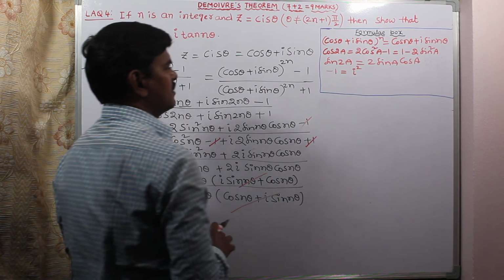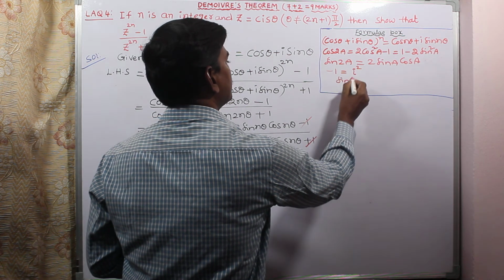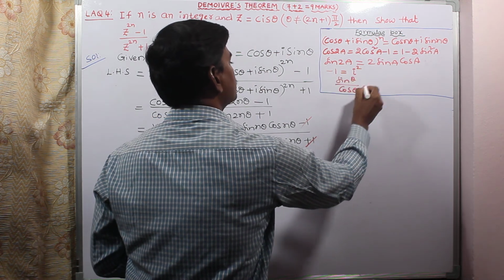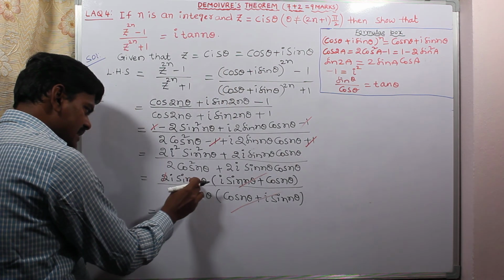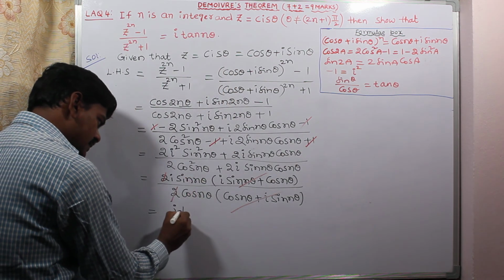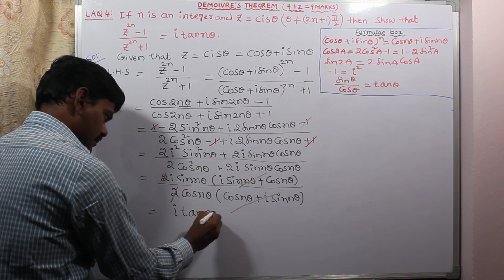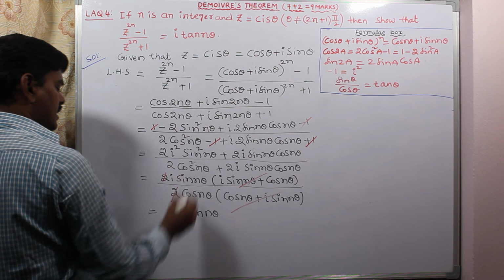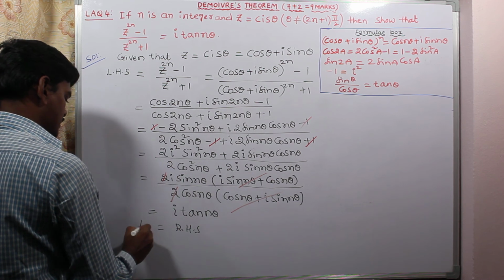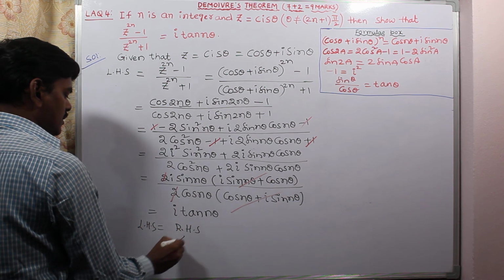The formula sin theta by cos theta is known as tan theta, so sin n theta by cos n theta becomes tan n theta. So iota into tan n theta is the required answer, the RHS. LHS is equal to RHS.